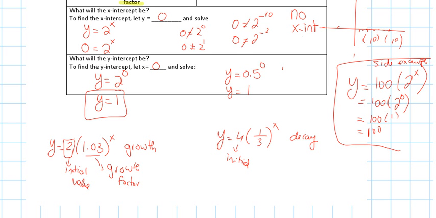Decay factor, which is 1/3, right? Good. So you're looking at it, you know if it's going to be an exponential growth or exponential decay, you know what your decay or growth factor is, and you know what your initial value is. So these are side examples, okay?